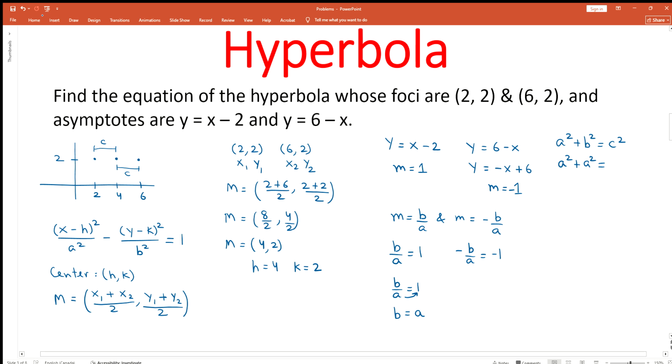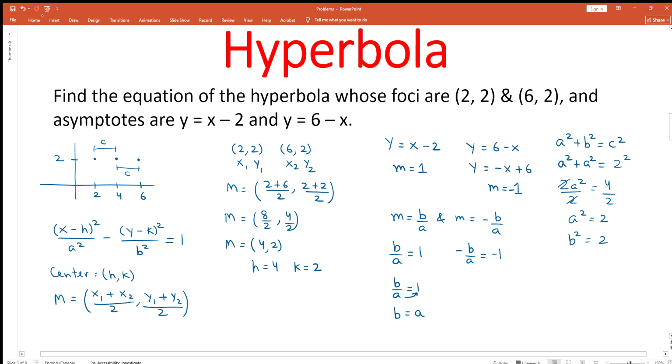So we should replace c with 2 in this equation. a squared plus a squared is equal to 2a squared. 2 squared is equal to 4. We should divide both sides by 2. I get a squared equals 2. Since a is equal to b, b squared is also equal to 2.